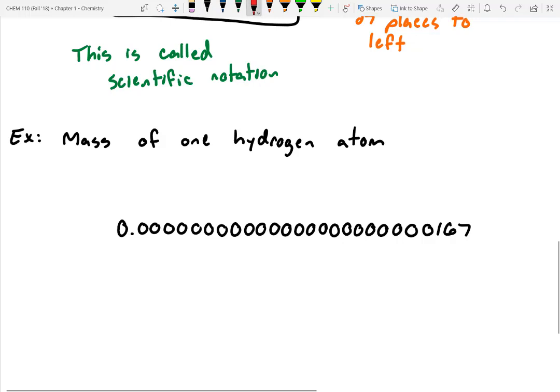All right. I think I've got this right, but I'll correct it if I don't. What we're going to do this time is move this decimal behind the first non-zero number, and then we can count the number of spots that we moved it. So we're going 1, 2, 3, 4, 5, 6, 7, 8, 9, 10, 11, 12, 13, 14, 15, 16, 17, 18, 19, 20, 21, 22, 23, 24 spots over.